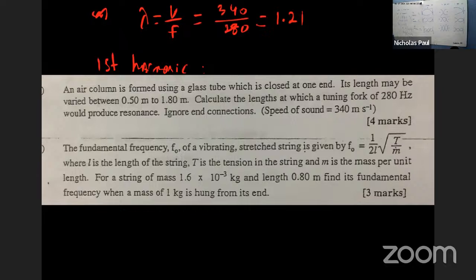A quarter of a wave. So all you have to do, the first harmonic occurs at lambda over 4. First harmonic occurs at lambda over 4. 1.21 over 4. How much is that? 0.3.